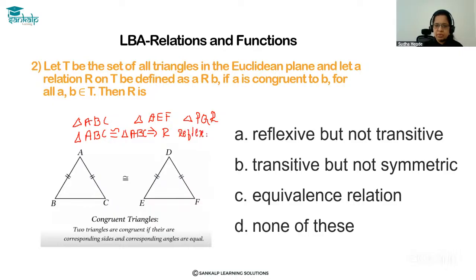What do you mean by reflexive? For all A belonging to the set, A R A holds. So that is satisfied. Second, let triangle ABC be congruent to triangle DEF.